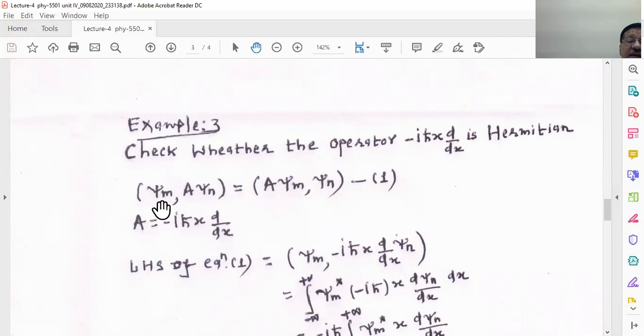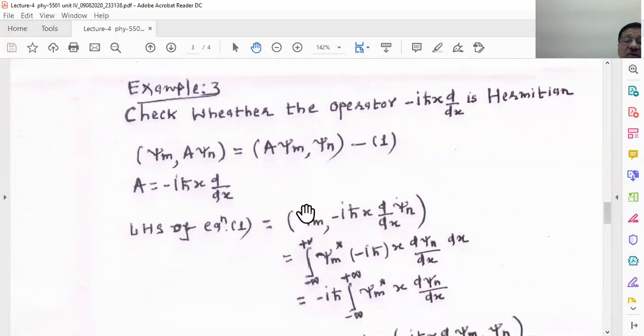So you first take the left hand side of this equation. This is my left hand side. So the left hand side is (ψ, Aψ), where A is your test operator which you want to verify whether it is Hermitian or not. So your A is replaced by minus iħ x d/dx, operating on ψ. Now let us simplify this integration.